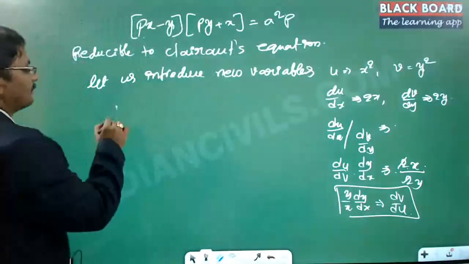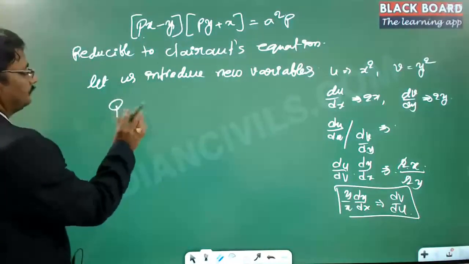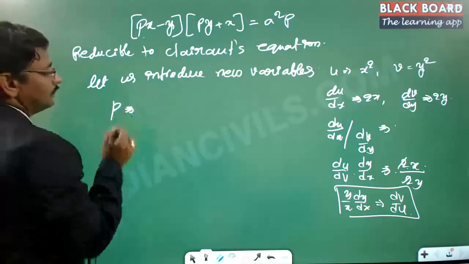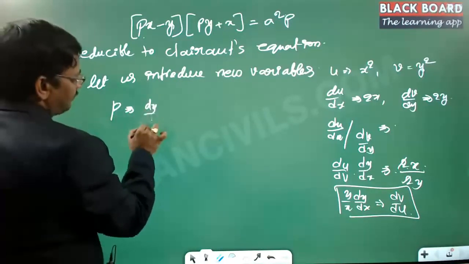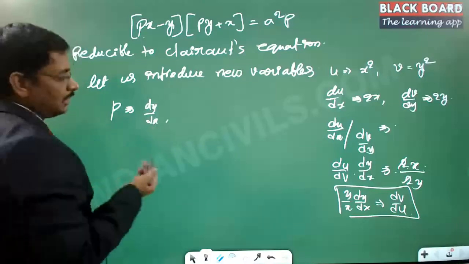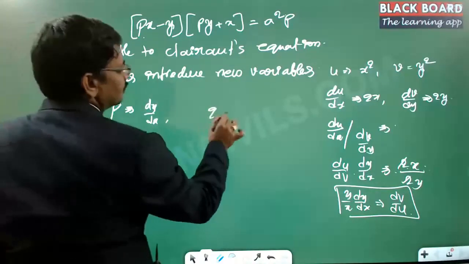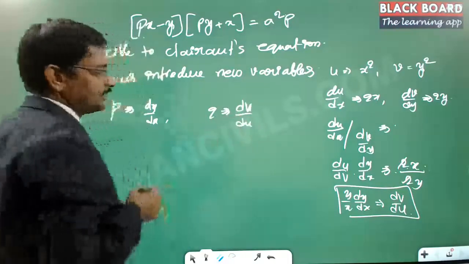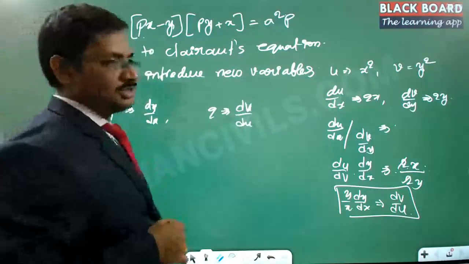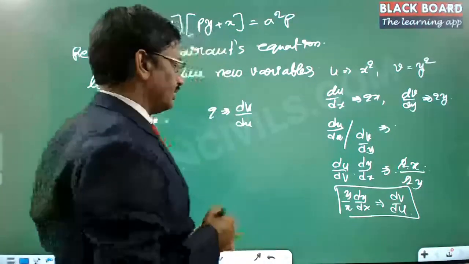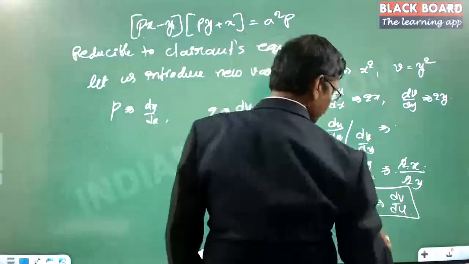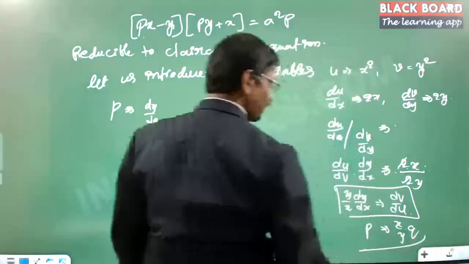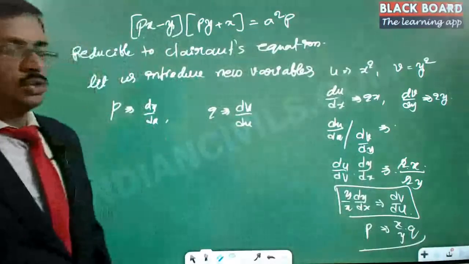We know that small p is equal to dy/dx, and if you replace q = dv/du, then we can establish a relation between these two, that is p·(x/y) = q, so p = (x/y)q.